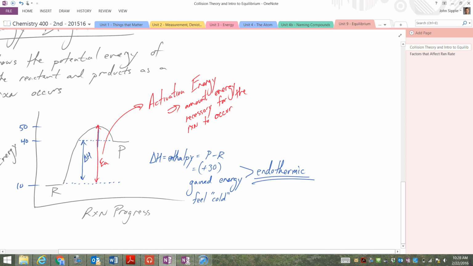Now there's a midway, so not necessarily midway is a bad word to describe it, but there's the transition between the reactants and products, and up here is said to be the transition state. All right, at the top of the curve there. Okay, the transition state. So that's the transition from reactants to products.